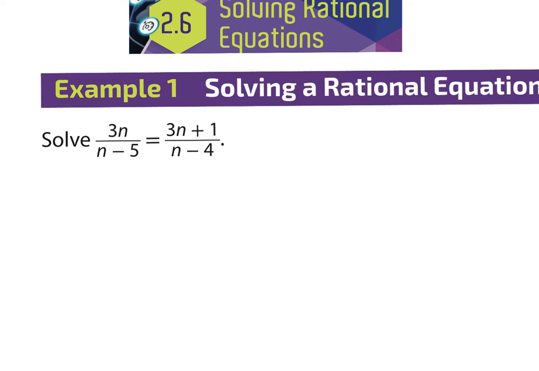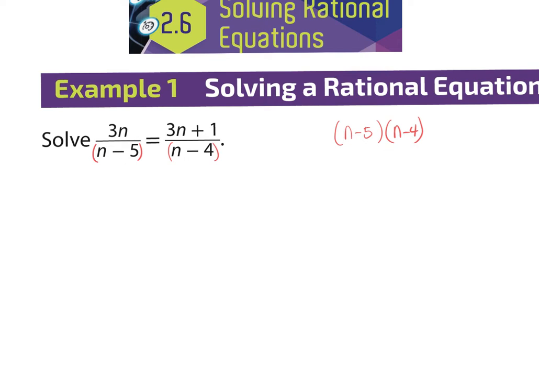So like if I were to look at this, I would say, well, this denominator is n minus 5. This denominator is n minus 4. So my common denominator is going to be (n minus 5)(n minus 4). If I multiply everything by that, I will get rid of all my denominators because I have taken every piece and put them together.